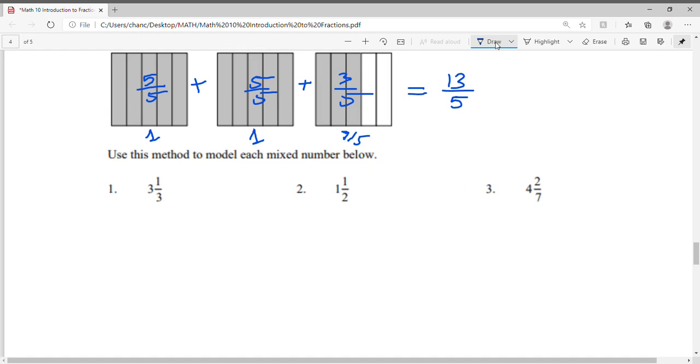Now I want to use this method to show each mixed number below. We have 3 1/3. This is demonstrated by this picture. This represents 1 whole. This represents 1 whole.